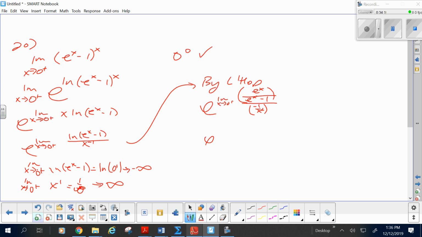I'm going to clean this up and take a gander here. E to the x over e to the x minus 1, times negative x squared. So let's think about this.